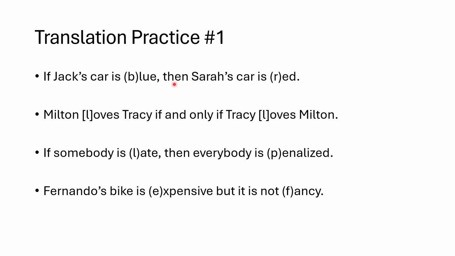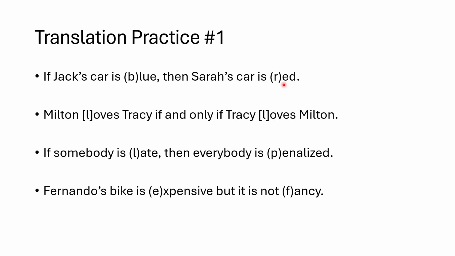And then here I have in the parentheses the different predicates to use. So blue is a predicate, red is a predicate, and the question is who or what does this predicate apply to? If we look at the first statement, we have if Jack's car is blue, well, it's Jack's car that is blue. So we'll have the capital B as a predicate, and then we'll use J to symbolize Jack's car.